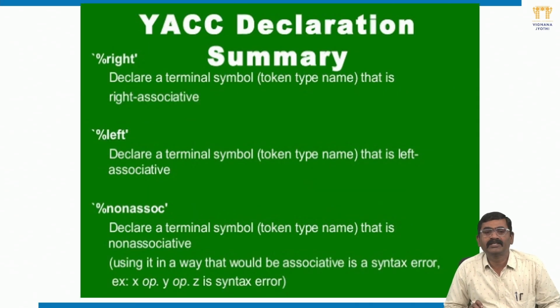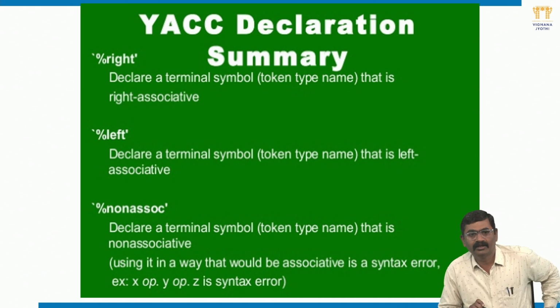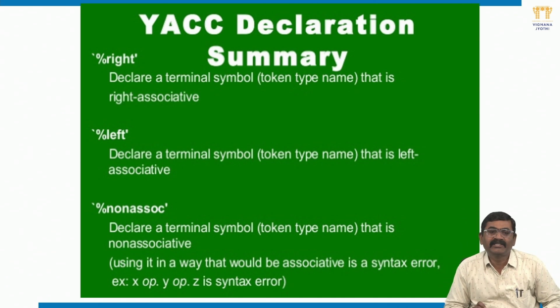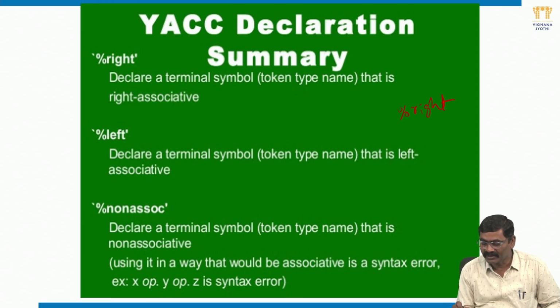Now let us understand some more important declarations. One is %right. %right is one kind of keyword. This keyword in YACC is used to declare the operator associativity.